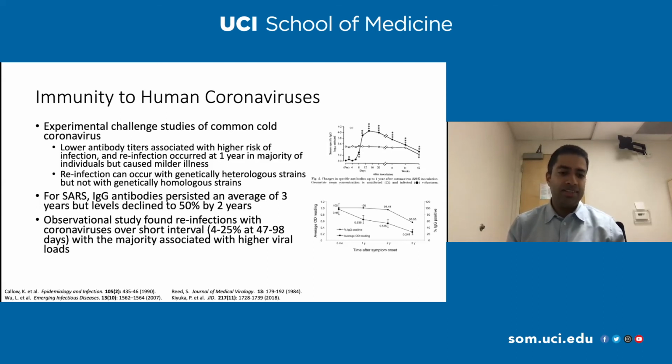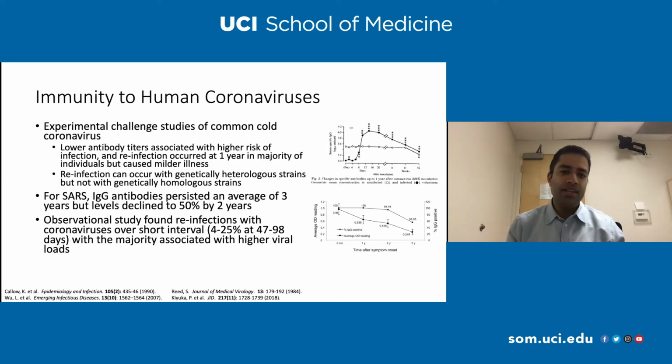But that is very variable person to person. And there's no guarantee that if you have antibodies, you can't get infected. The patients who do get infected have some level of antibody as well for these other coronaviruses. Usually, if your previous infection was to a very genetically similar strain to the one that's circulating, you're less likely to get reinfected.